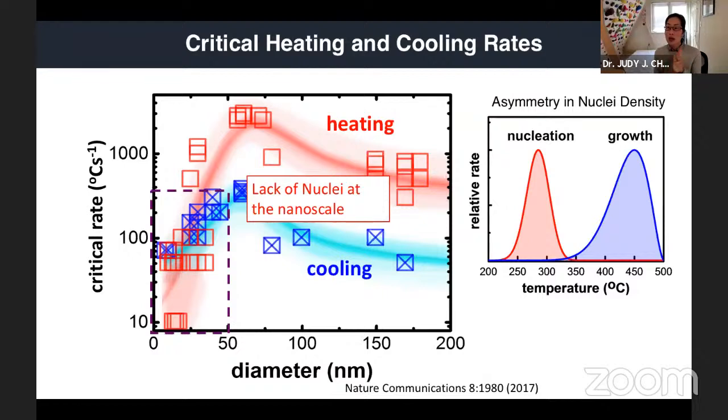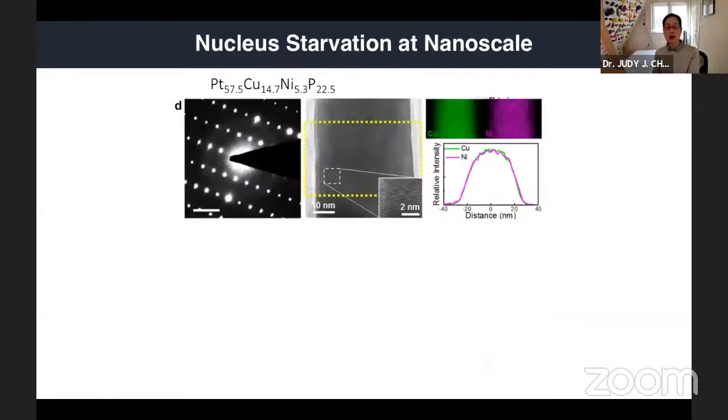So if there's no nuclei, then it does not matter what your temperature processing conditions or history was like, because effectively you can imagine that you've eliminated this nucleation curve. And in fact, we sort of demonstrated that it must be a single nucleus, because we can crystallize this multi-component metal into a single crystalline phase.